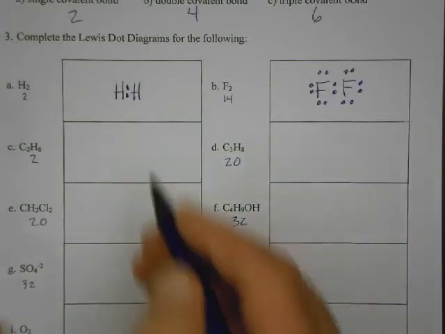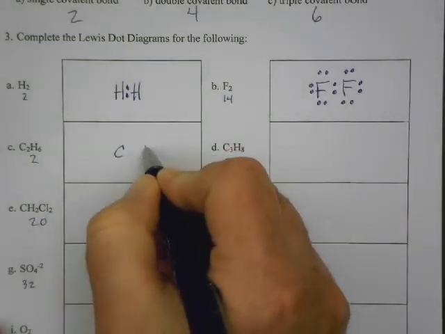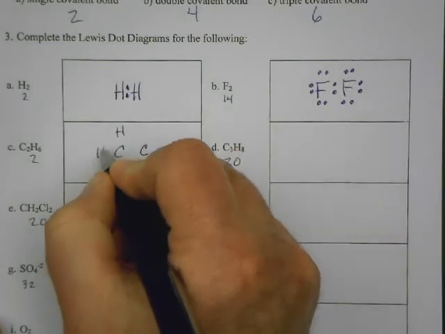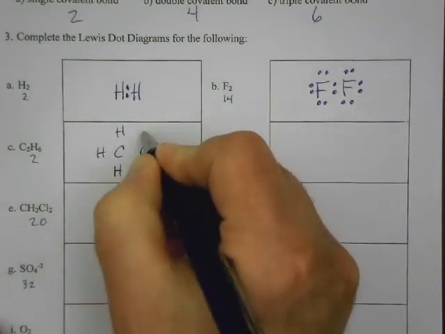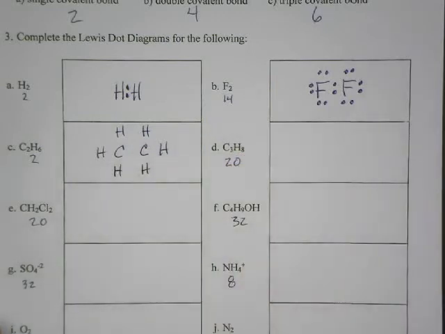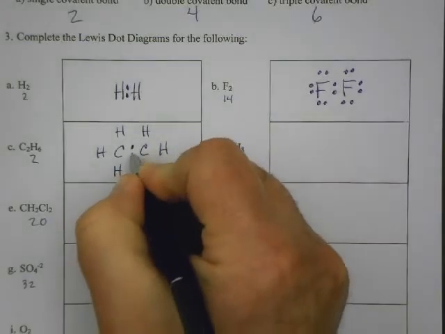Okay, we did C in our notes. Carbon's always the middle. Hydrogen's around the outside. Go ahead and put in your bonds.